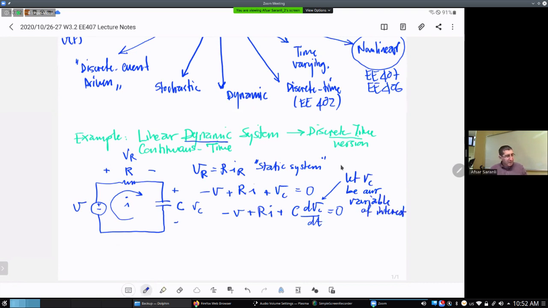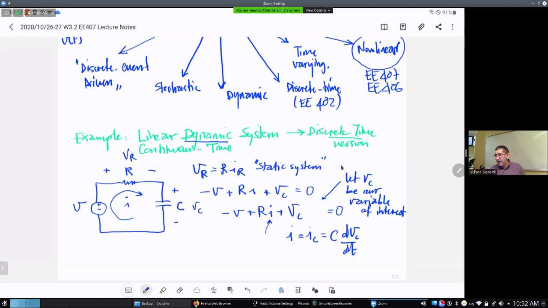So what I have is that I can replace I. I is equal to IC, the current through the capacitor, which is equal to C times the change in the voltage of the capacitor.